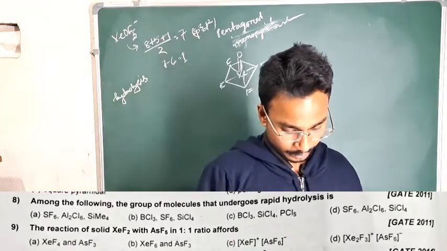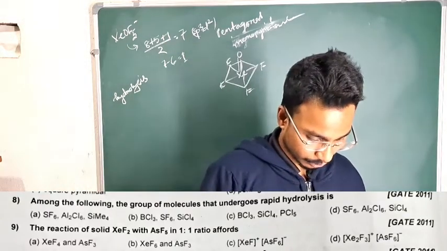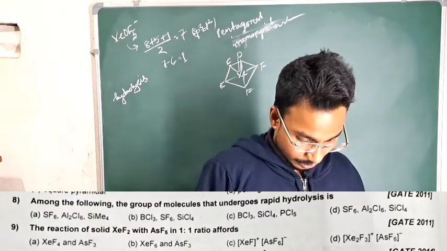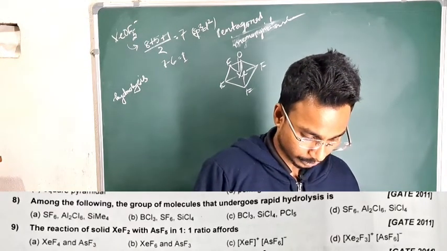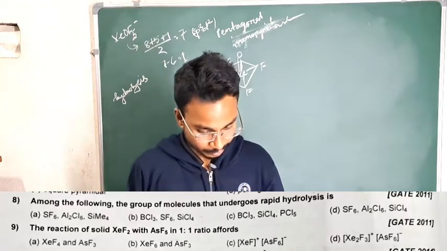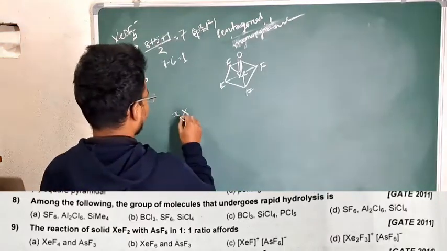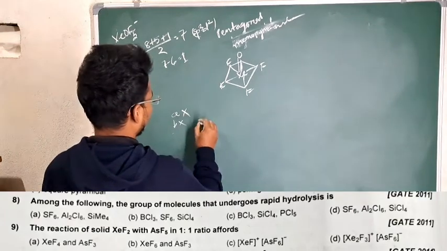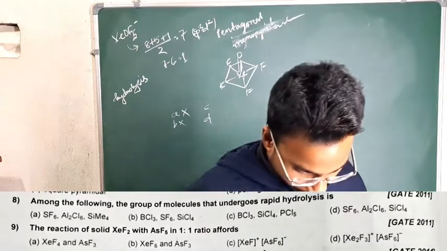You know that reaction. SF6 again it will not, so A option will cancel, B option also cancel. So we eliminate 2 options, A eliminated, B eliminated. Now C and D.